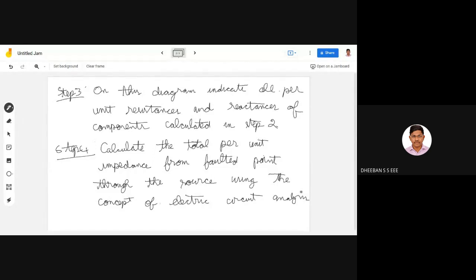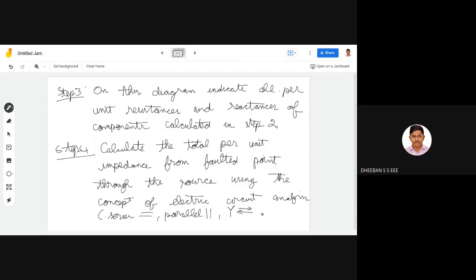For this you can make use of series parallel combinations to find the total impedance. If there exists a transformer, you can also make star to delta conversions.